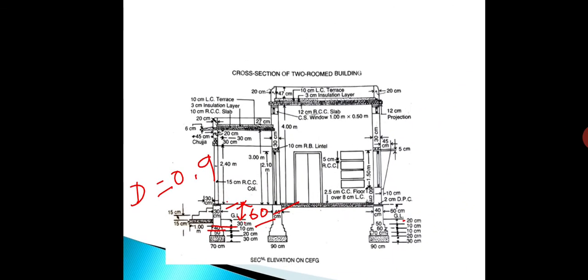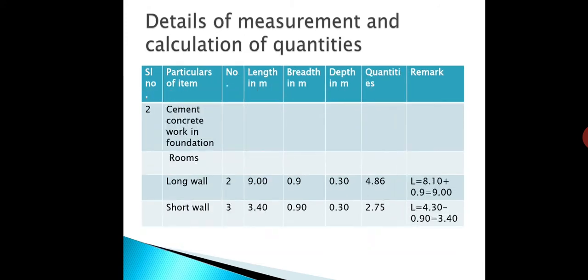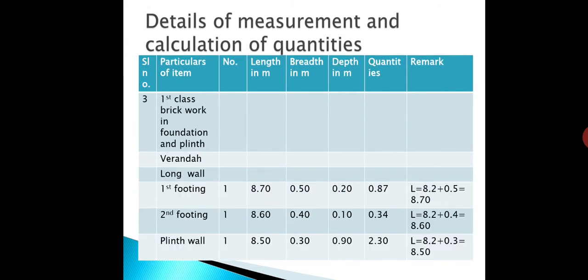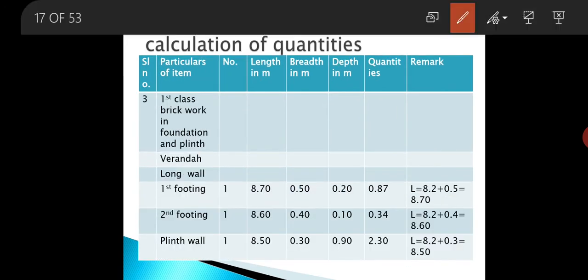So now we will move to the details of measurement form. See here, for the first footing, the length is 8.2, the center to center length. With this we will add half of the width of the first footing on both sides, that is one width of the first footing. So this will give you 8.7, and number will be 1. Width is 0.5, depth is 0.2.